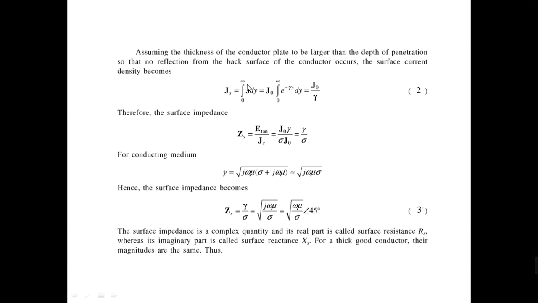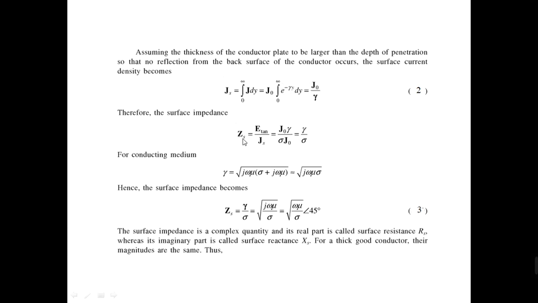So the integral becomes 0 to infinity J dy. You substitute J equal to J naught e to the power of minus gamma y, which gives J naught by gamma.